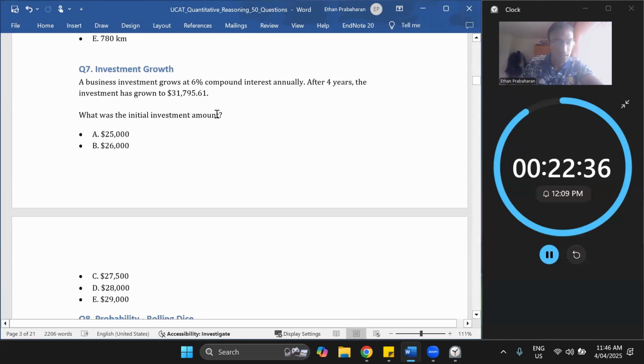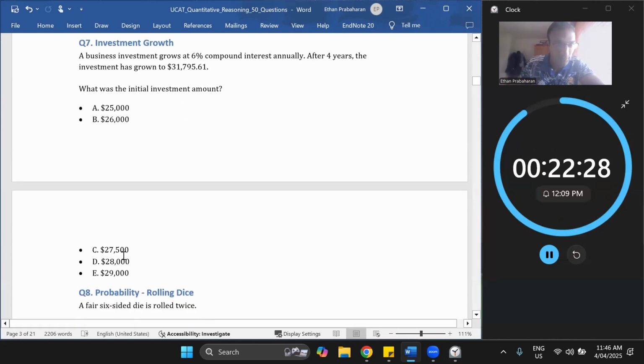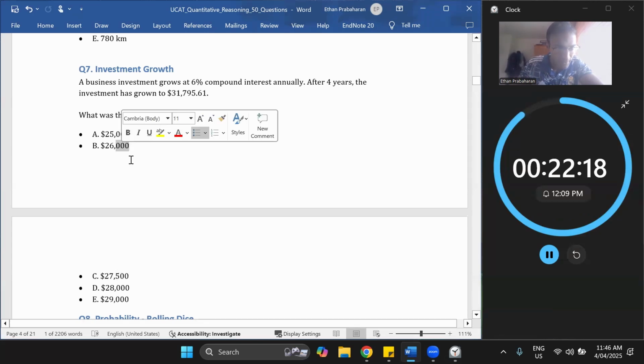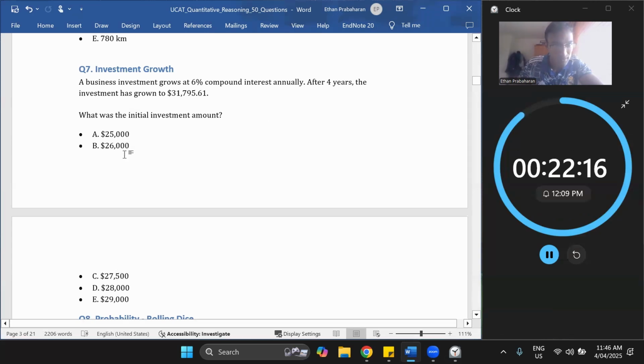Nice. Initial investment. So it's growing at 6% after 4 years. I'm not going to be able to do that in my head, am I? Let's pick the middle number. And if that went up at 1%, that's actually quite a hard one. Okay. If I pick 26,000, 260 would be 1%.